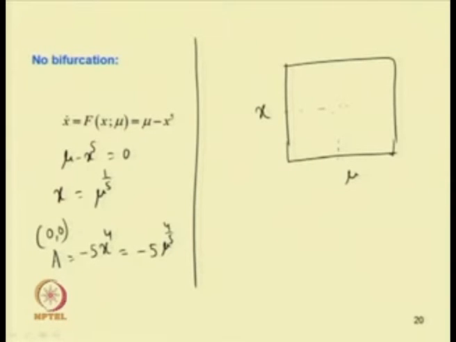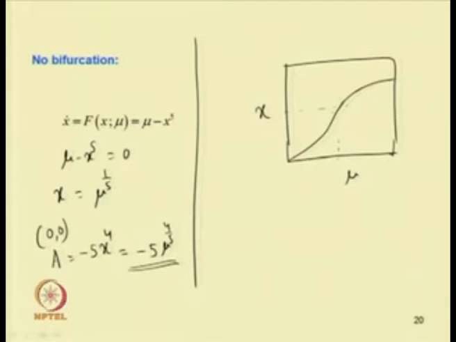So, at x equal to 0 and mu equal to 0, the eigenvalue also becomes 0. So, one has a zero eigenvalue. It should have been a static bifurcation point, but if one sees this response, one can observe that neither is there a change in stability nor a change in the number of branches in the system.